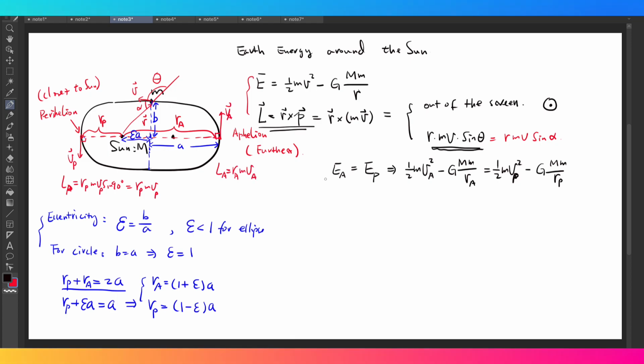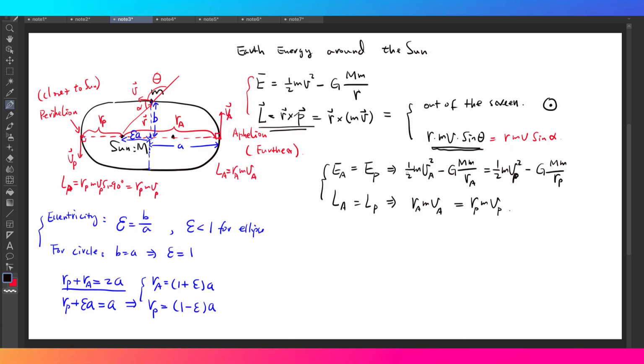Okay, so that's the equation I need. So let me write down LA equals LP, angular momentum conservation. We have RA m VA equals RP m VP.